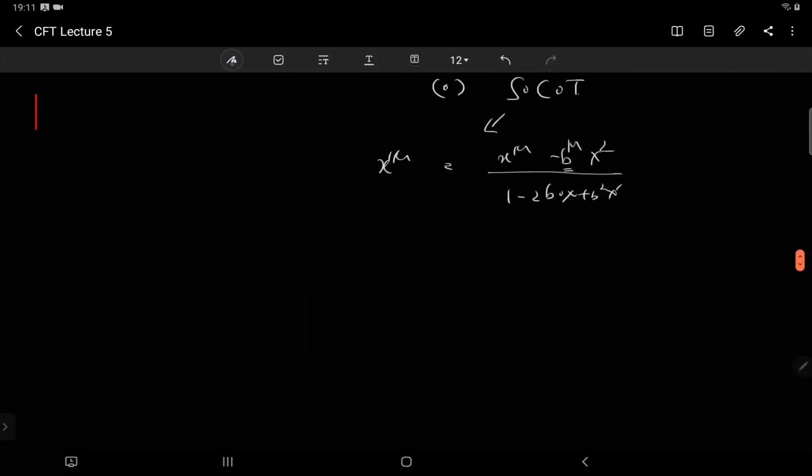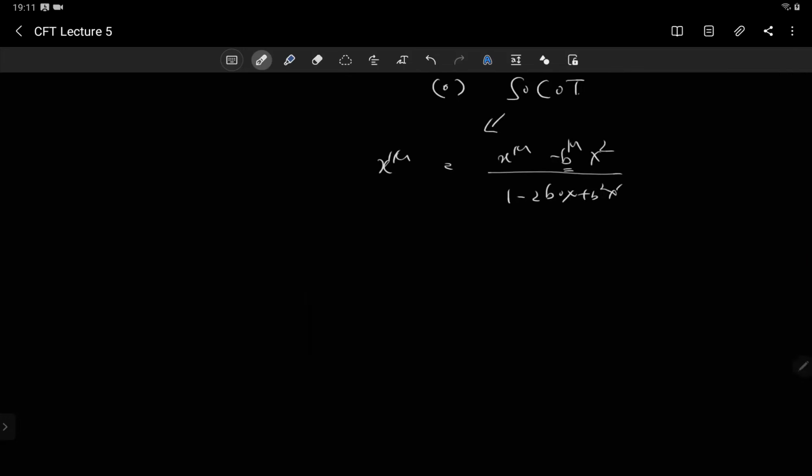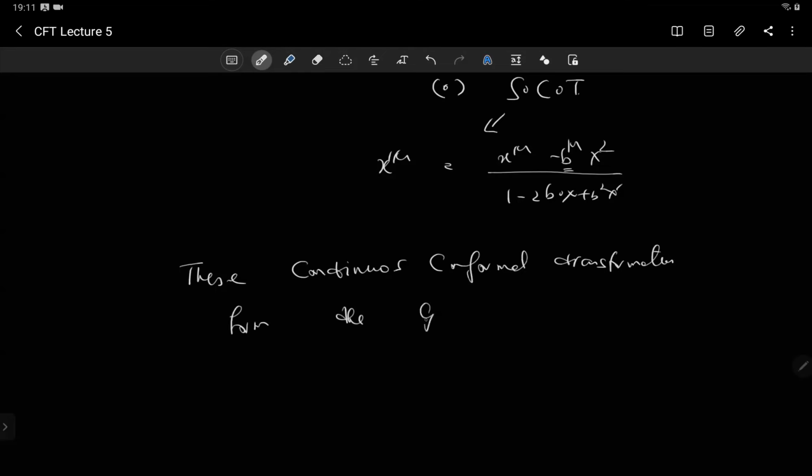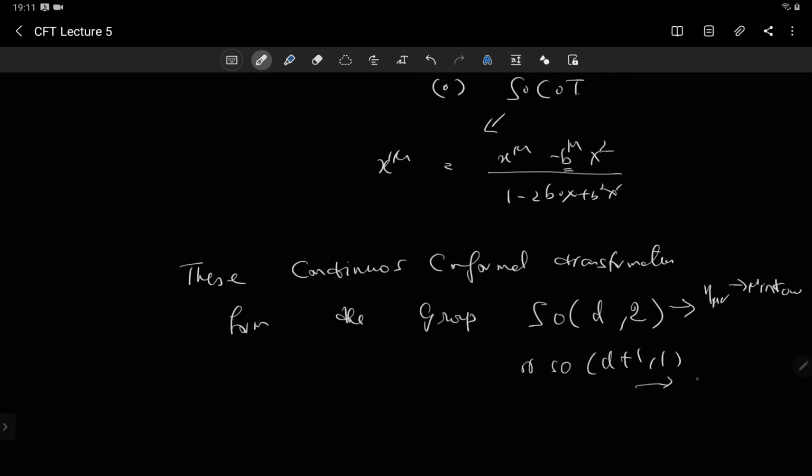And then we also saw that these continuous conformal transformations form the group, or rather is isomorphic to the group SO(d,2) or SO(d+1,1). This is if the metric eta mu nu is Lorentzian, this is if it's Minkowski, and this if eta mu nu is just Euclidean, meaning it is just all same sign.